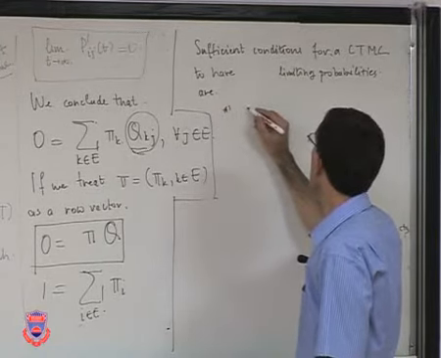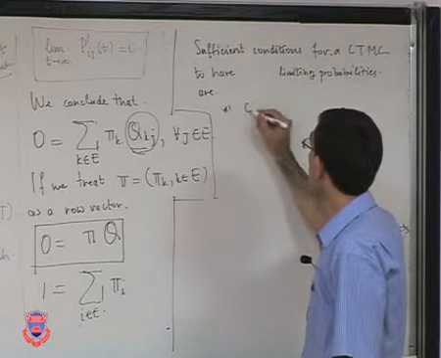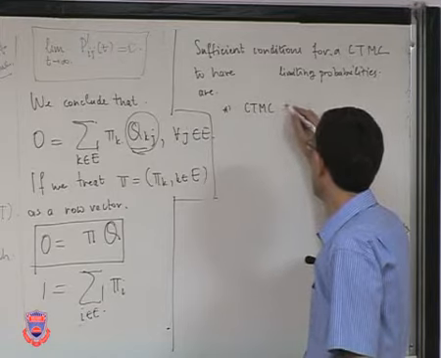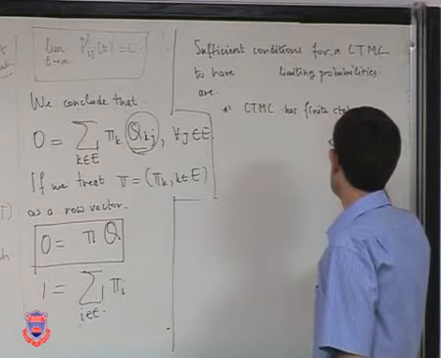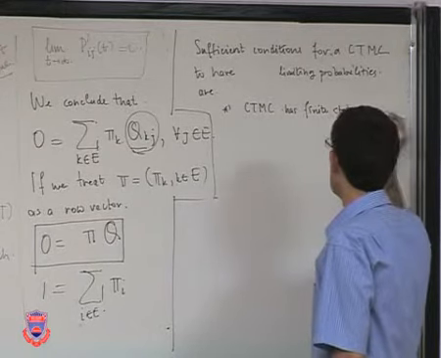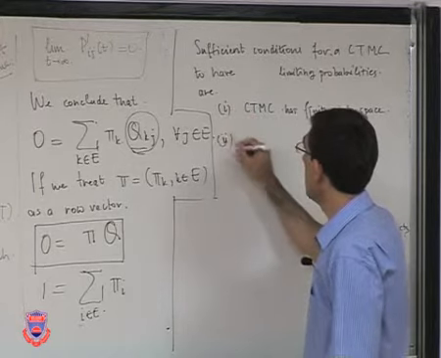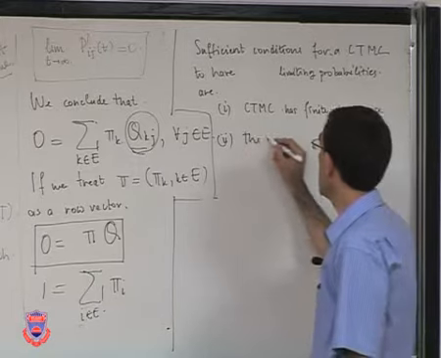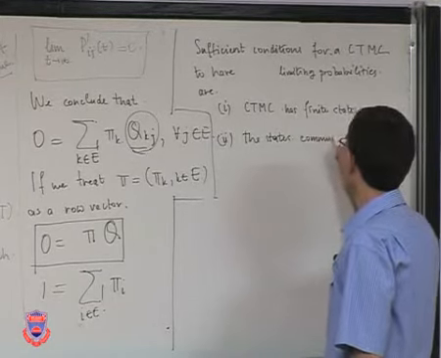for example, first of all, the continuous time Markov chain has finite state space. Maybe I should write I, the first one, and the second condition is that the states communicate with each other.